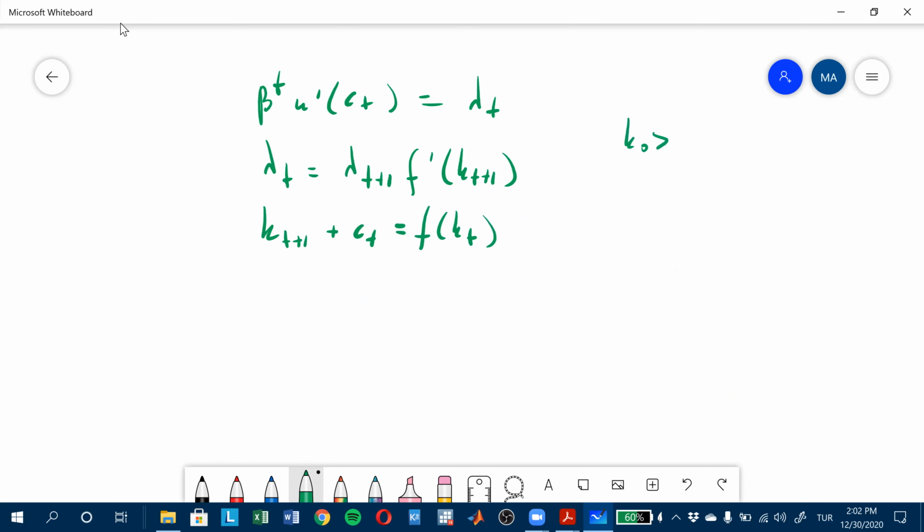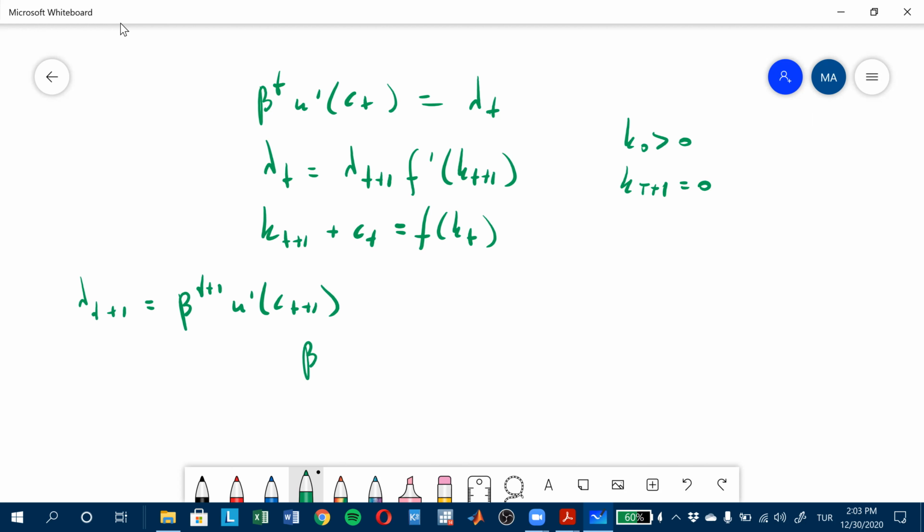Again, initial condition is given, terminal condition is given, right? So you can derive the Euler equation basically, right? Now, be careful what I am doing. I'm iterating the first equation one period further, right? Then I replace these into the co-state equation.